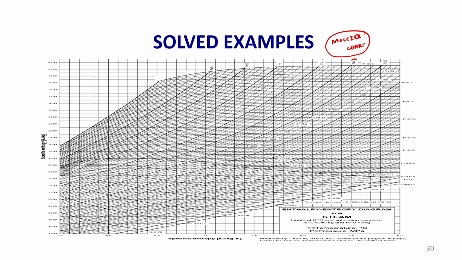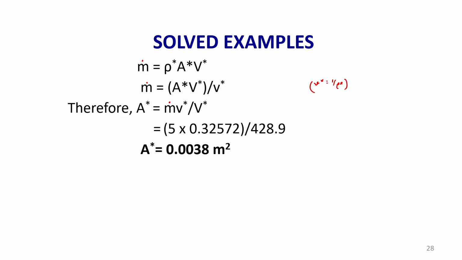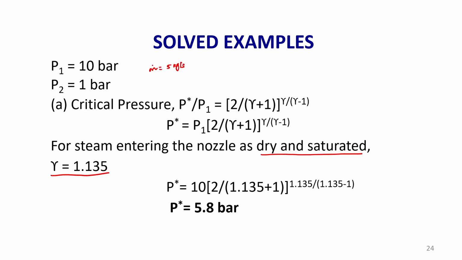This is P1 equal to 10 bar or 1 megapascal, and the temperature line we can find, and this is the saturation line. So, the dryness fraction of the steam at the inlet of the nozzle is x equal to 1. So, easily we can find the intersection of this point and here. So, you will get H1 between 2700 and 2800.